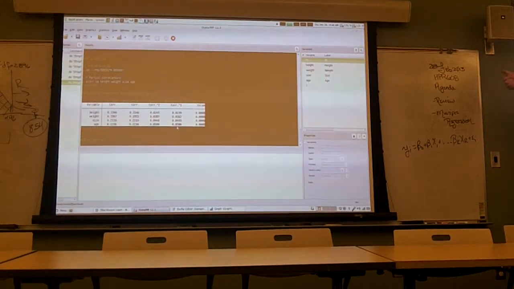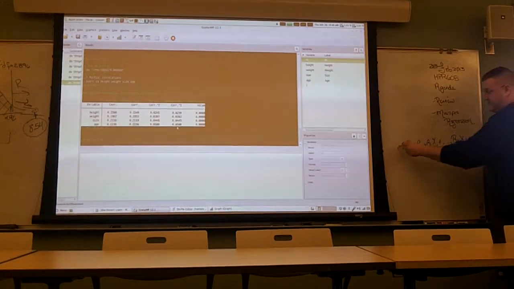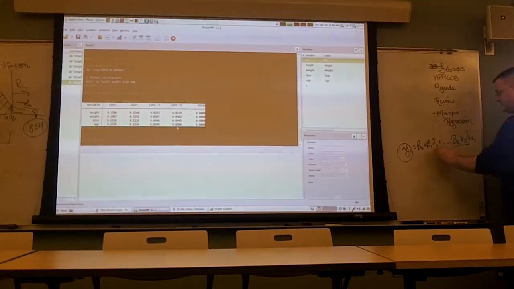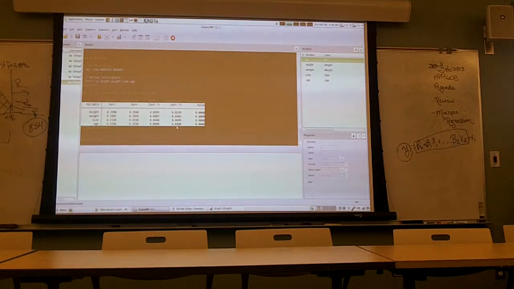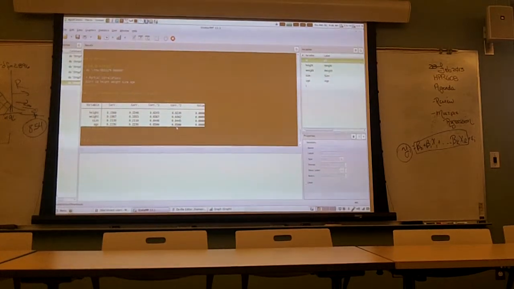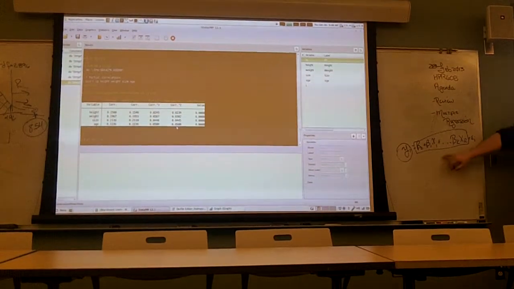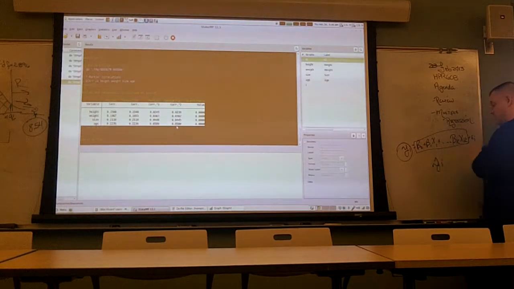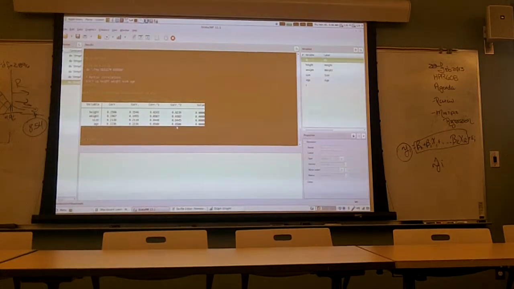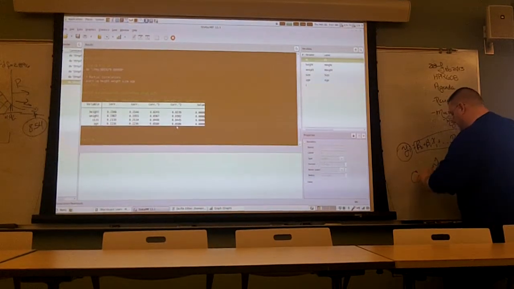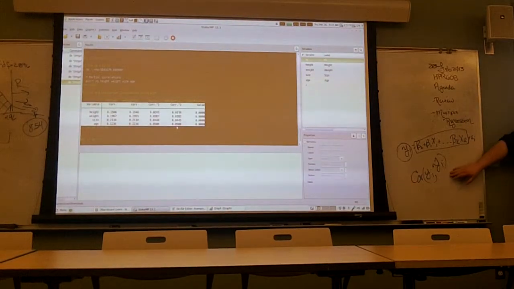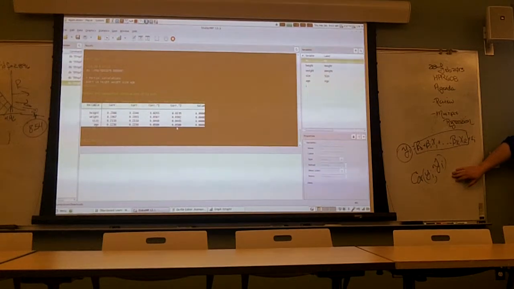So that R squared up top with the regression model is the correlation between the observed value and the predicted value. So it's really a bivariate prediction. This component of the model creates a y hat. That R squared is a correlation between yi and y hat. That's all it is.